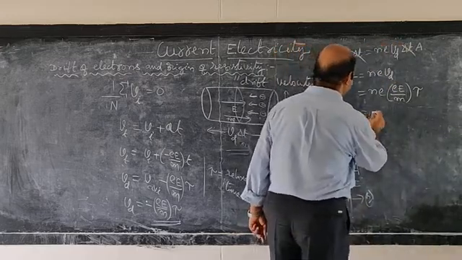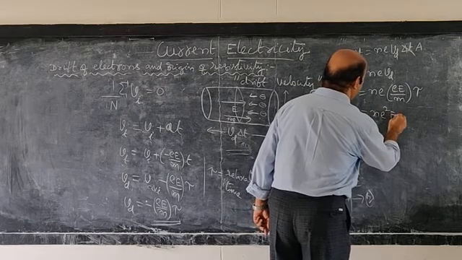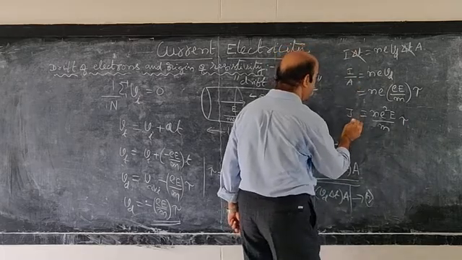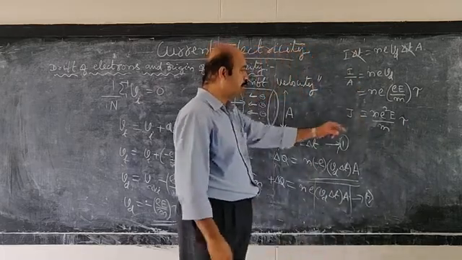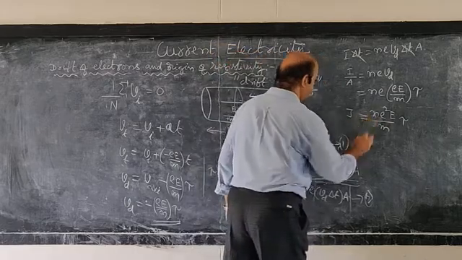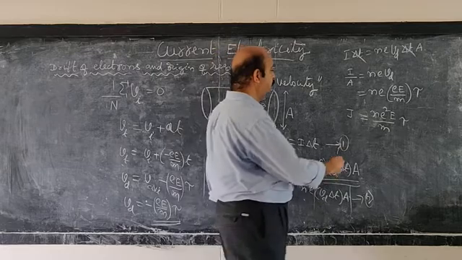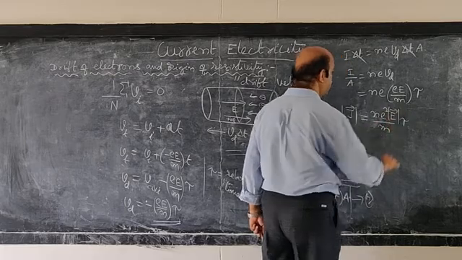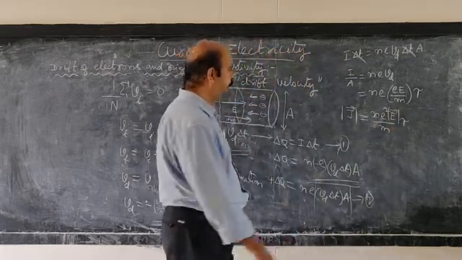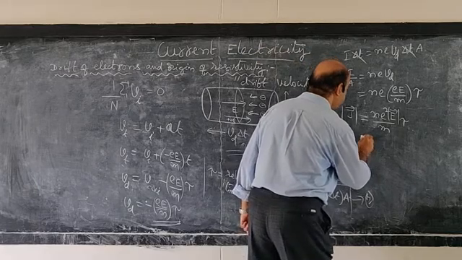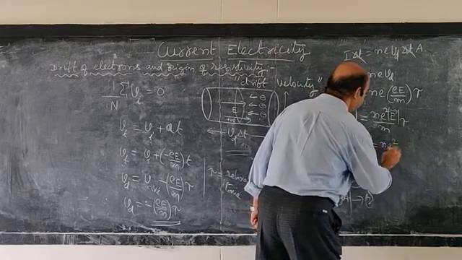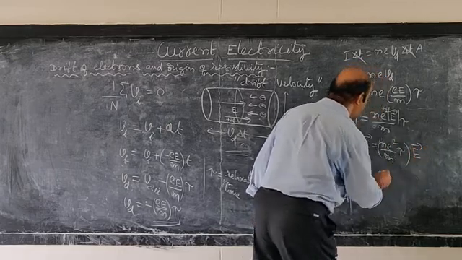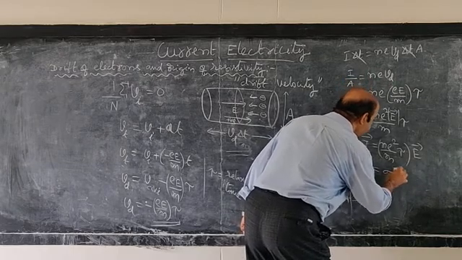Therefore this is equal to n e squared E, the electric field strength, by the mass of the electron into tau, and this I by A is called J, the current density term. So this is the magnitude of the current density. And in vector form, you can simply write J bar is equal to n e squared by m into tau into E bar, which is equivalent to sigma E bar.